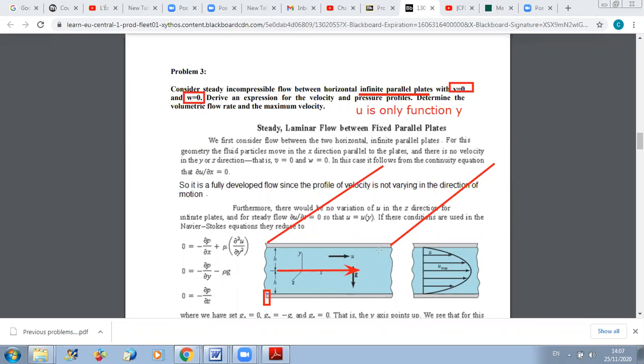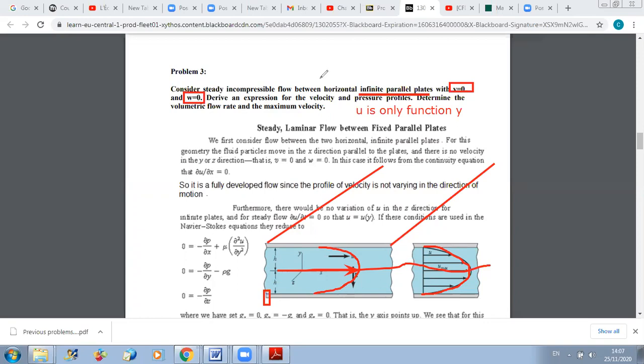What we mean by developed flow is that the profile will not change anymore. So I will have the same profile at any section. This means that my flow will be independent of x, where the direction of motion is x. So when they say fully developed, it means that the flow is independent of the direction of motion.